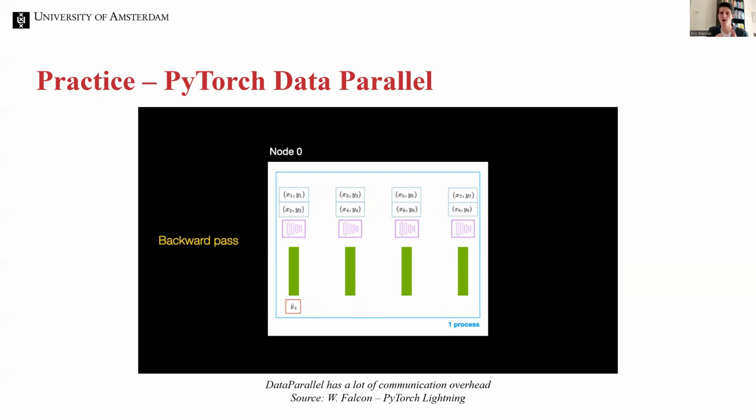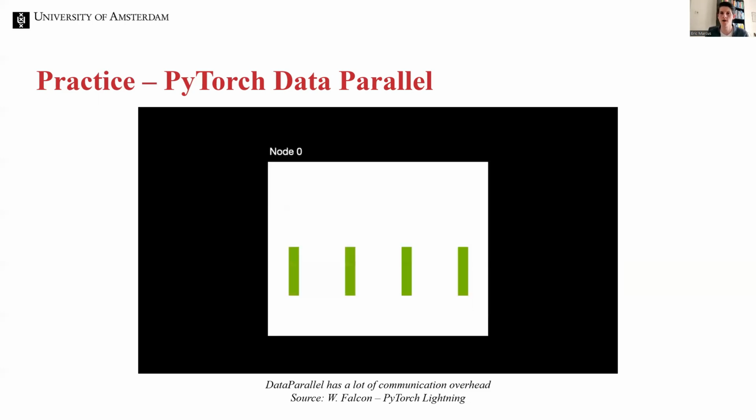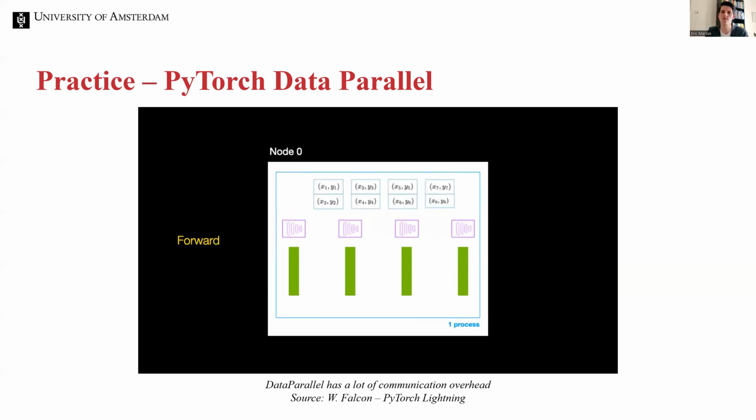Very often you will see at most 8 GPUs per node, and on Lisa, for example, we often see 4. So there's already a big drawback here, that it can never scale up beyond one node. That's already one thing to keep in mind.